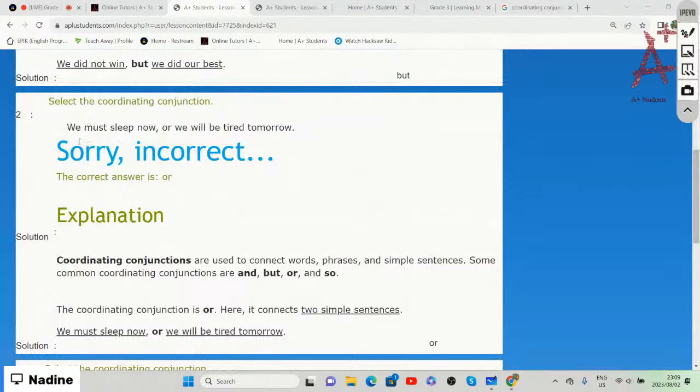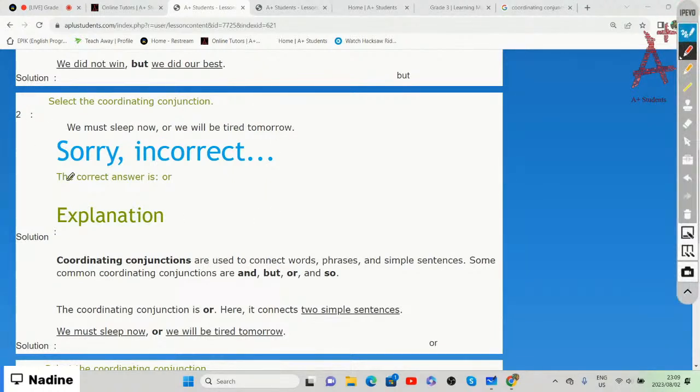All right, the next one is we must sleep now or we will be tired tomorrow, right? So we must sleep now, be well rested, or we will be tired tomorrow, right? So which means that the coordinating conjunction that we can select within the sentence is or. And or connects these two simple sentences.